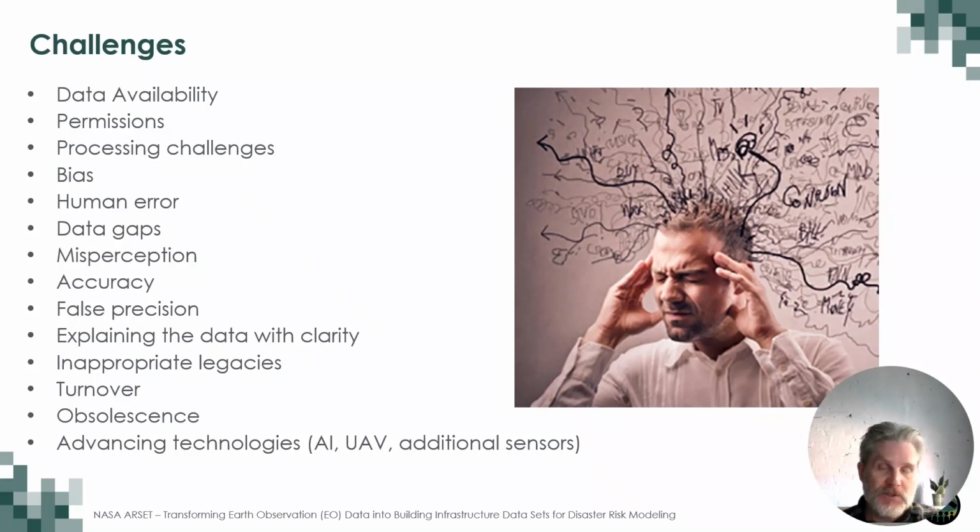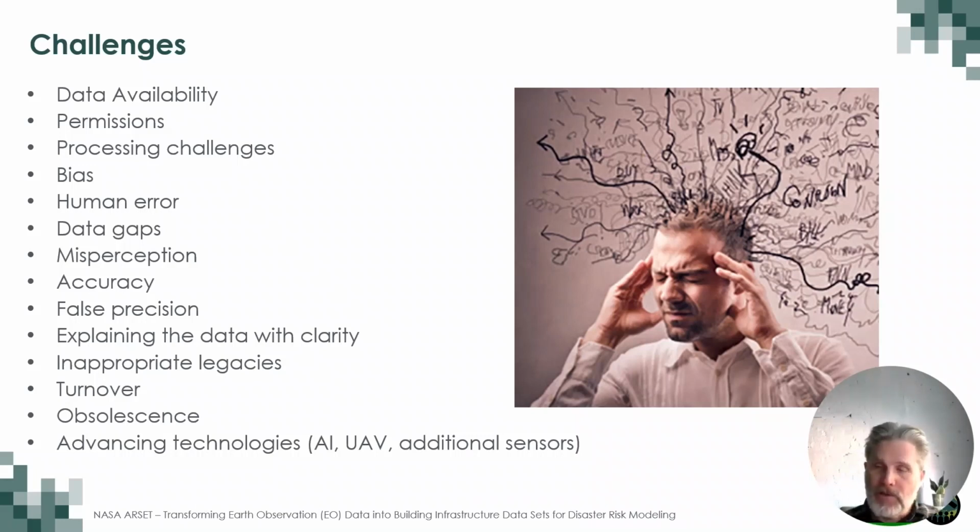There are misperceptions about what the data sets are. There are misperceptions about the accuracy, and they're used at the building level, which is a false precision problem. Explaining the data with clarity is always a challenge with folks who might be high level and have short attention spans.